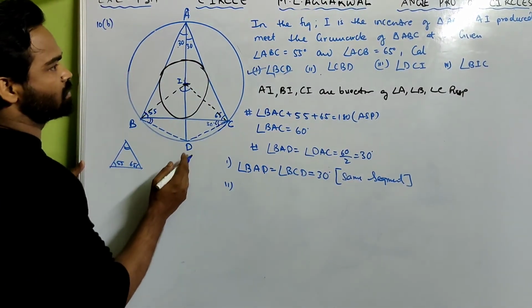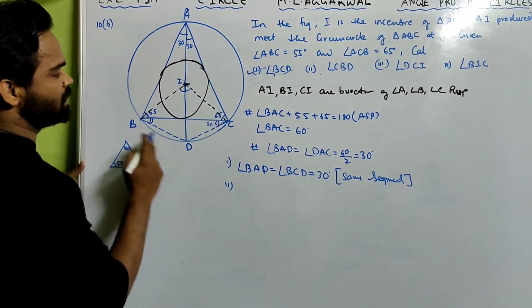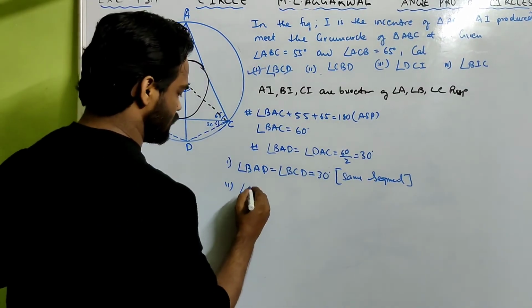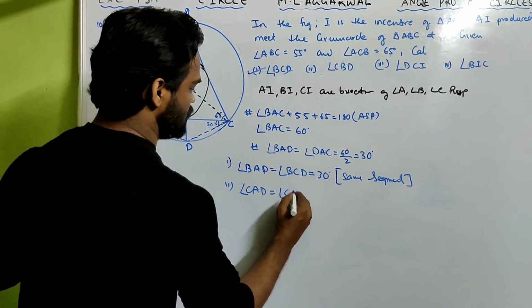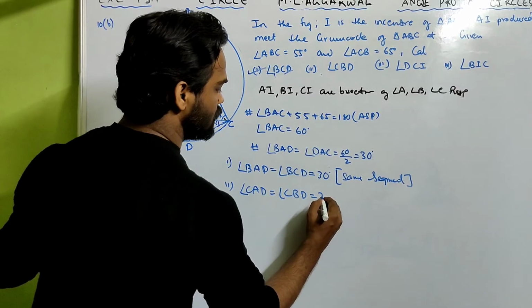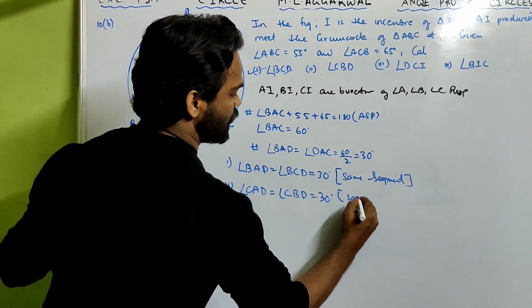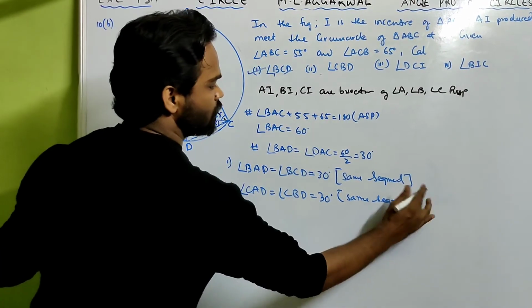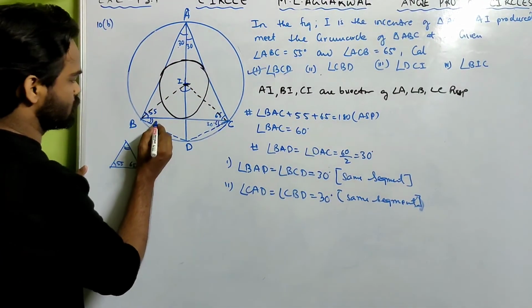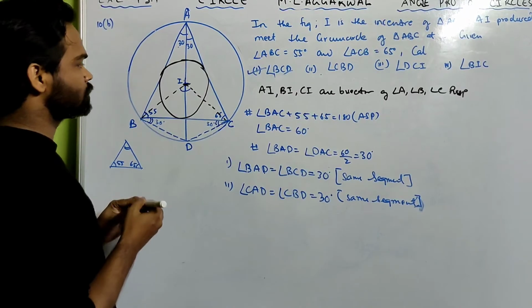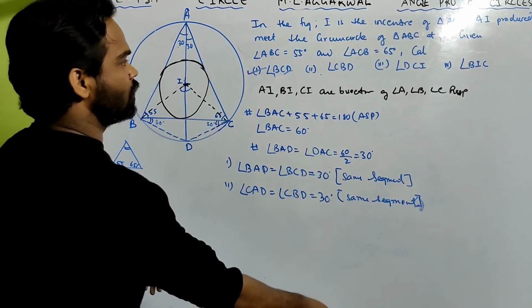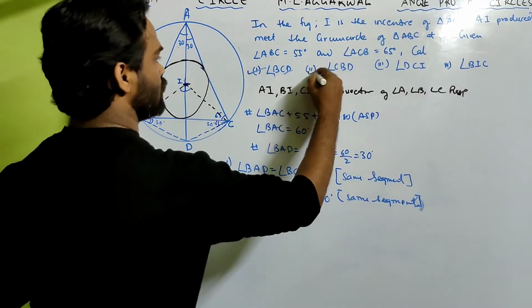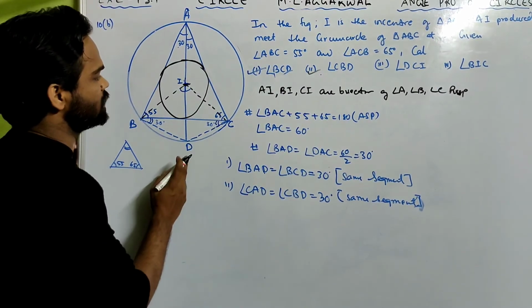Similarly, if you look at CBD and CAD, angle CAD is equal to CBD, which will be 30 degree again. Angle in the same segment, they have to be equal, isn't it? So this is also 30. Okay. Now the first two parts are done. Now they have asked for DCI.